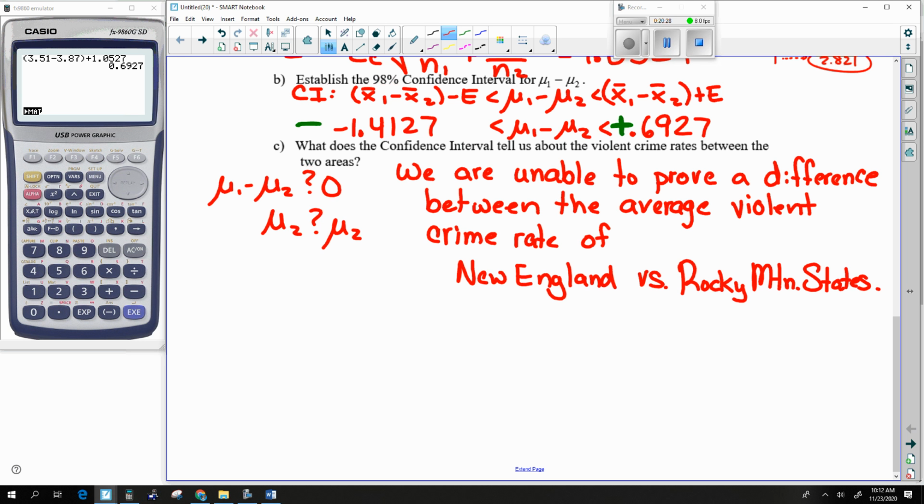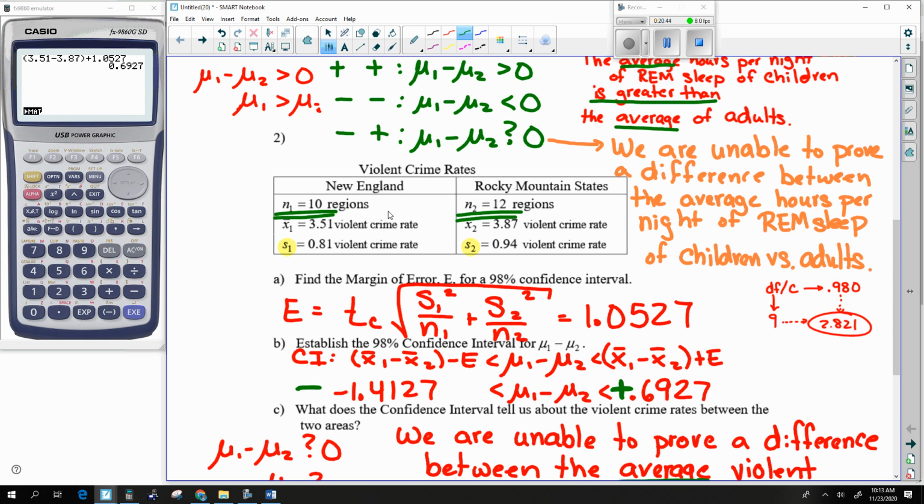So we are unable to prove a difference between, again, this has to have the word the average, because they are mu's. Those are averages. So again, if they're both positive, then it's greater than 0. If it's both negative, then it's less than 0. If one's negative and one's positive, then it's question mark to 0.